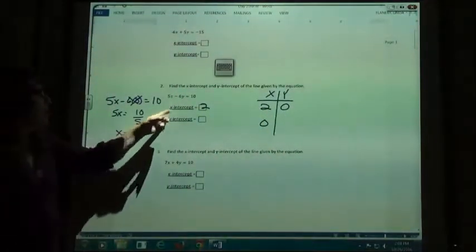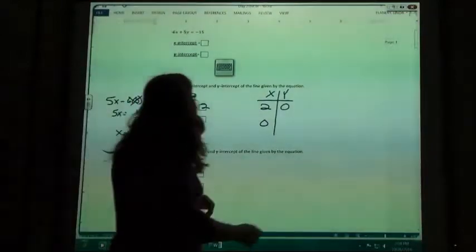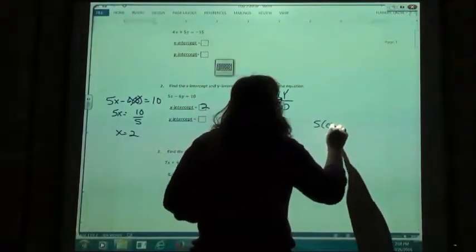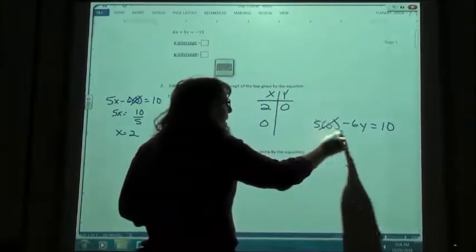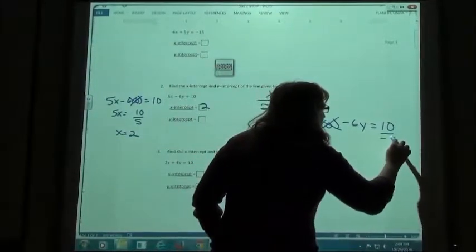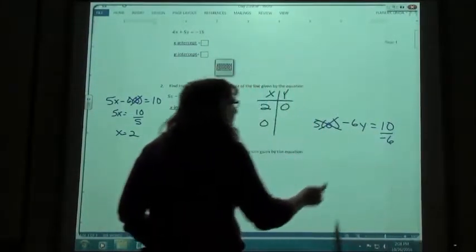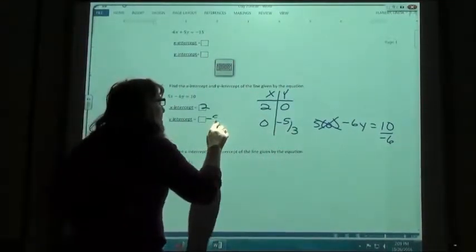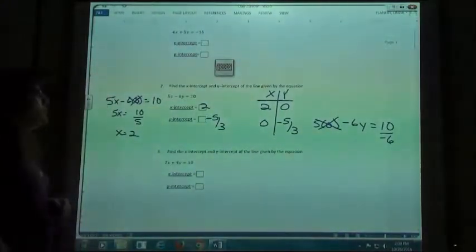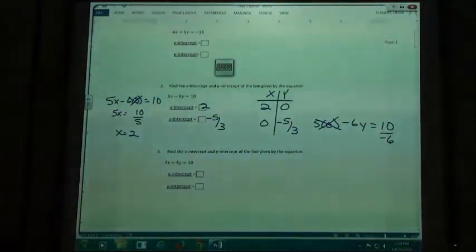For my y-intercept, putting 0 in for my x term. So 5 times 0 minus 6y equals 10. That cancels out. I'm going to divide by my negative 6 and simplify. So negative 5 over 3. So 2 and negative 5/3.